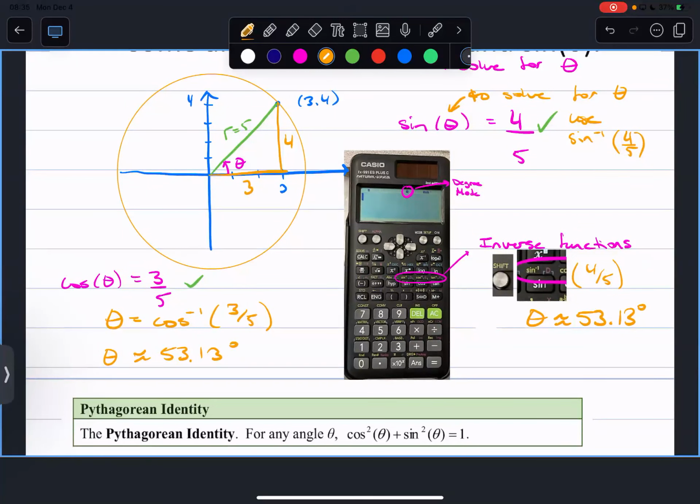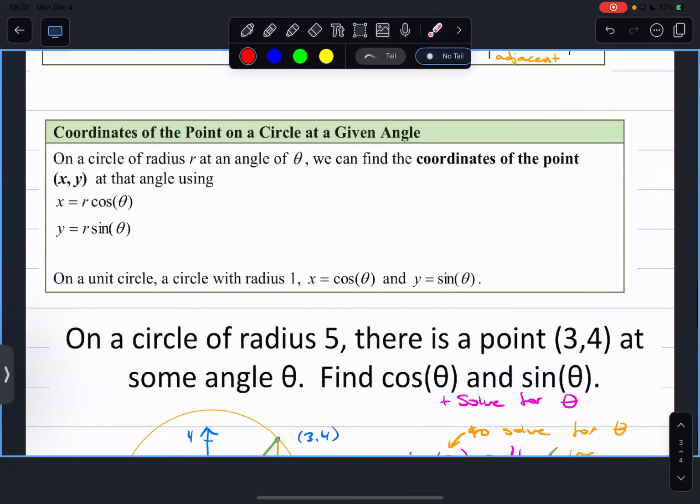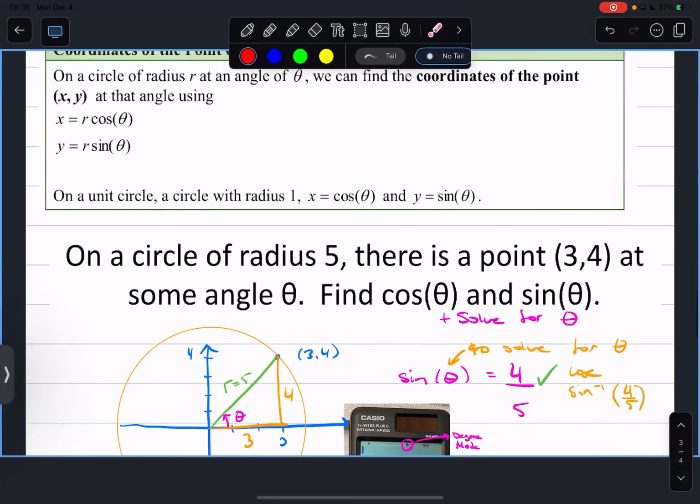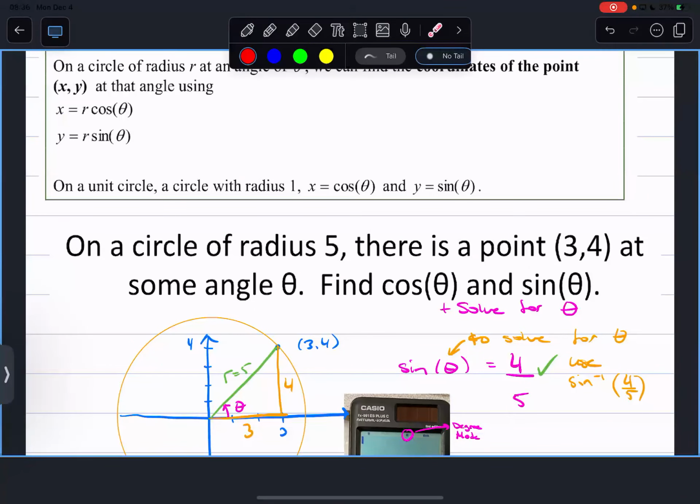Any questions about that one? So if you have x is 3 and r is 5, then cos theta should be 3/5 once you divide over the r.